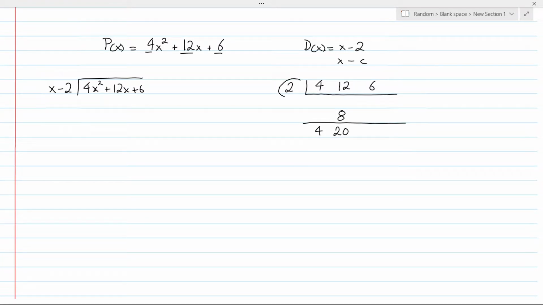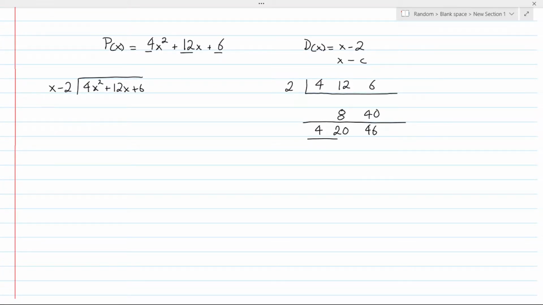Then we will take 2 and multiply it by 20 to give us a number here, which is 40. We will add the 40 to 6 to give us 46. In this case, the 4 and the 20 give us the coefficients for the quotient polynomial.